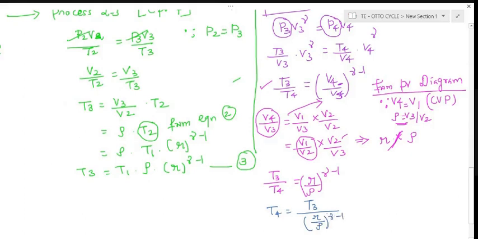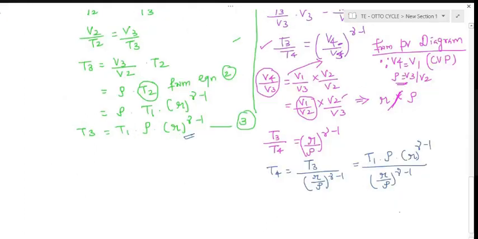Already we measured T3, so we can substitute instead of T3: T1 into rho into r power gamma minus 1, divided by r divided by rho power gamma minus 1.